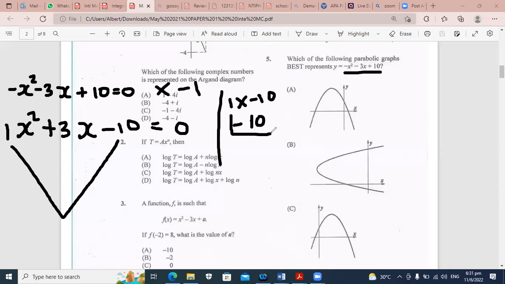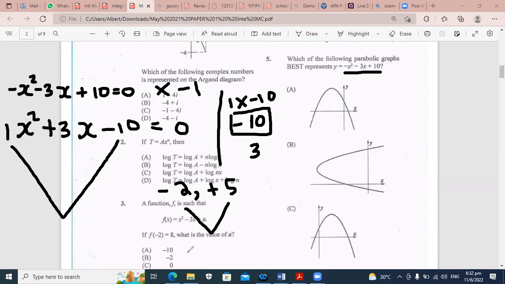Now we want two numbers that multiply to give -10 and add to give 3. It would be -2 plus 5, we get 3. Otisa says -2 and +5. So let's multiply them. When we multiply these two, do we get -10?